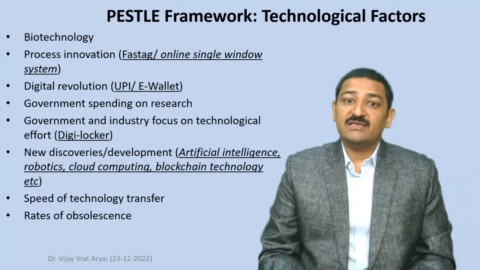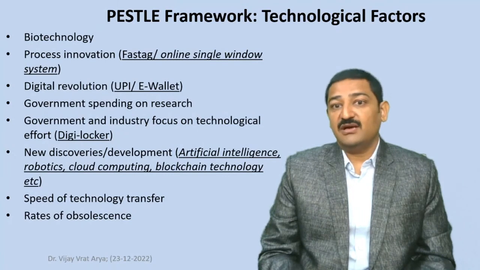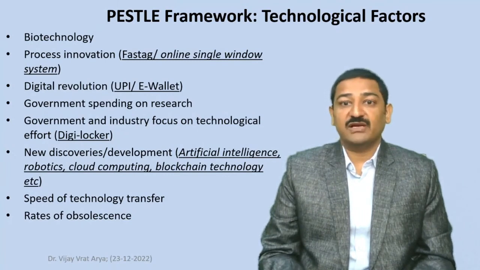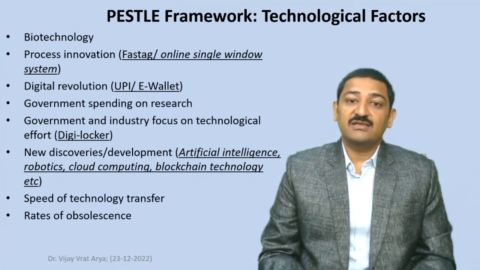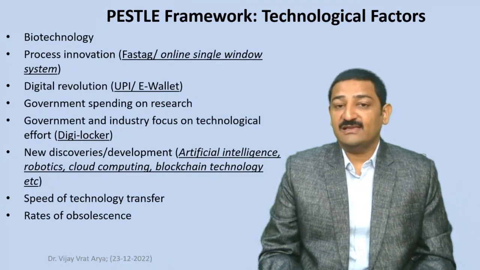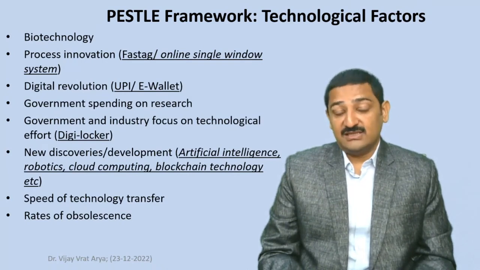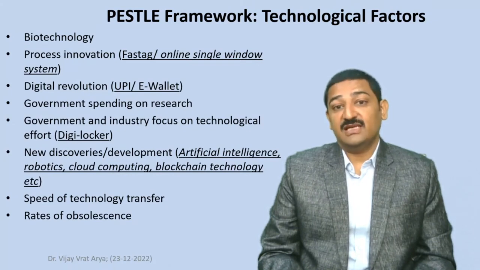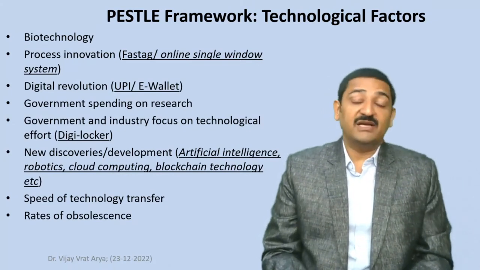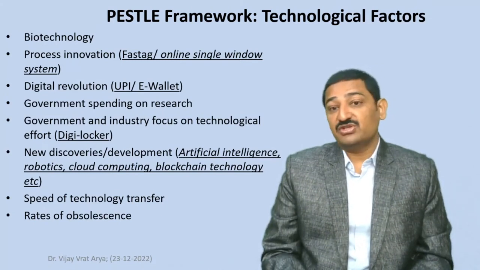If we refer to the fourth aspect of the PESTLE framework, that is technological factors, then there is coverage of a good amount of technological factors which are considered very significantly while referring to the environment analysis, and based on that, specific strategy selection, formulation, and implementation take place, which may include biotechnology position in the respective country, process innovation.